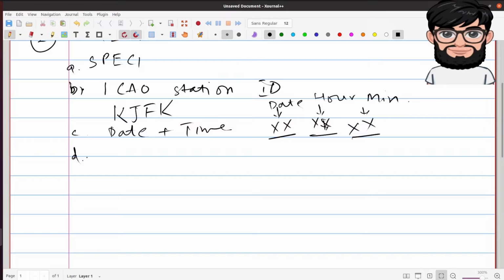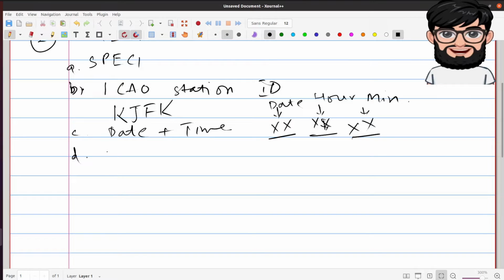Then we have a modifier, and this is not always necessary, but it is used as required. If used, the modifier AUTO identifies the report as an automated weather report with no human intervention. If AUTO is shown in the body of the report, then AO1 or AO2 will be encoded in the remarks section to indicate the type of precipitation sensor used.